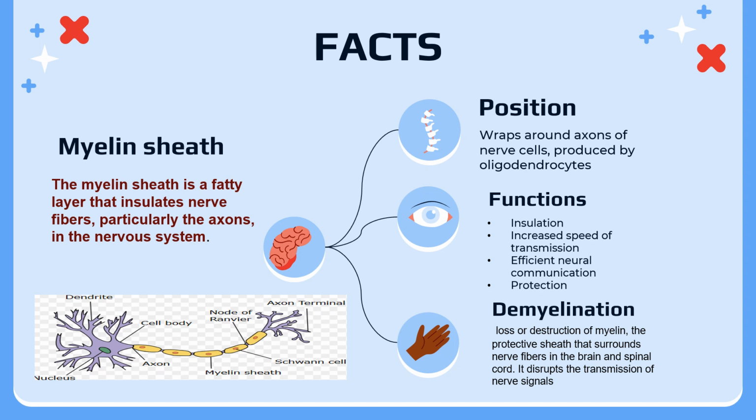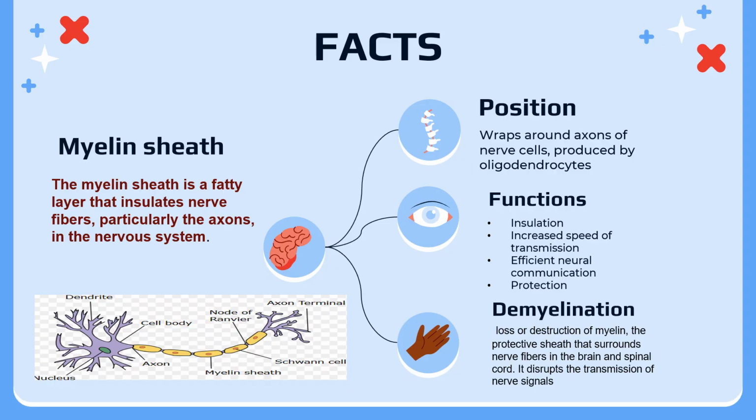If you can see the figure, you can understand. This is your myelin sheath. It is a protective covering of your axon. It is like an insulation to your axon. This whole part is your neuron, if you remember.